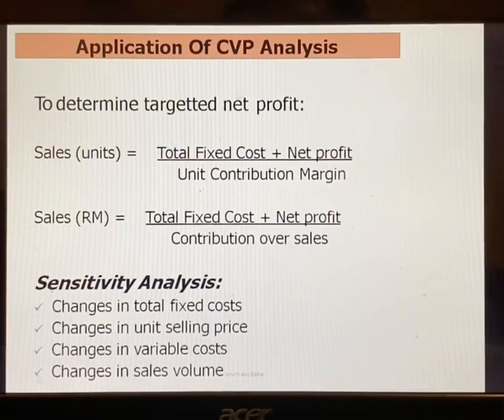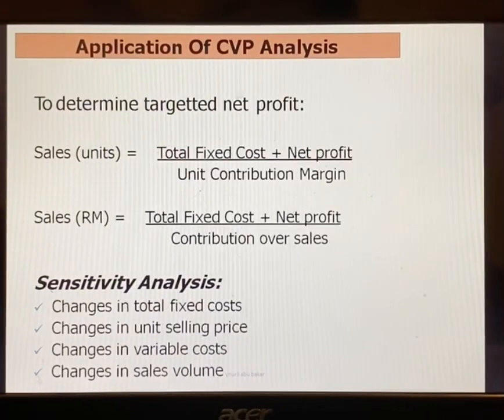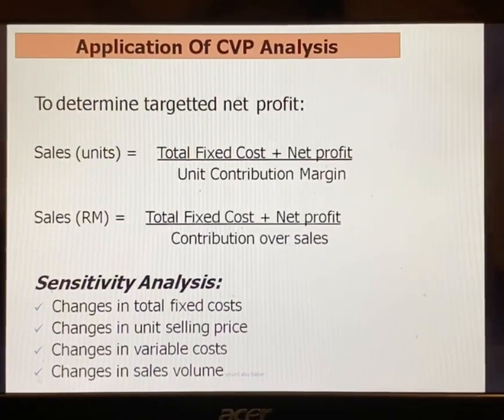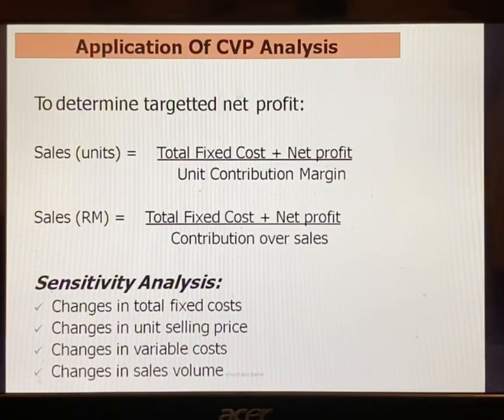Okay, next is sensitivity analysis. Sensitivity analysis shows how the CVP model will change with changes in any of its variables. For example, changes in fixed costs, or changes in the variable cost, or changes in sales price or sales mix. So the focus is typically on how changes in variables will alter the profit.